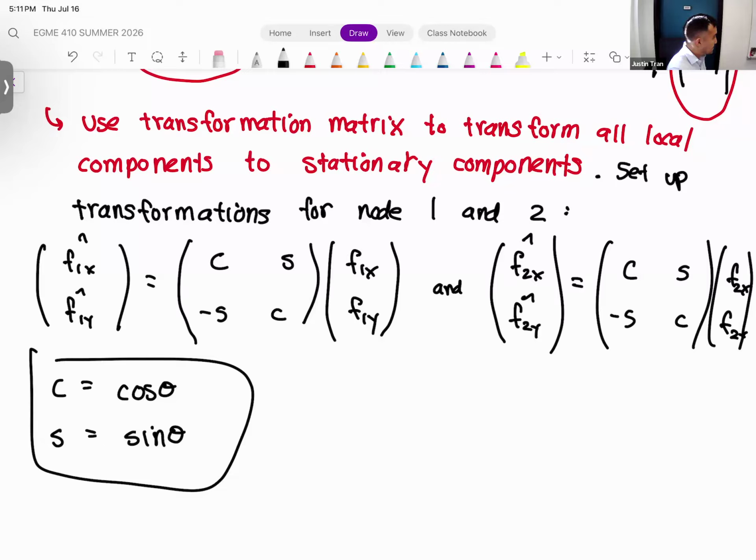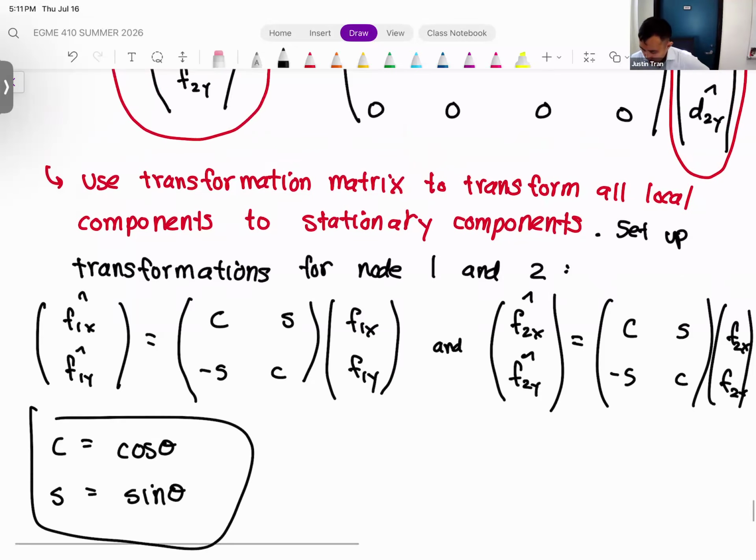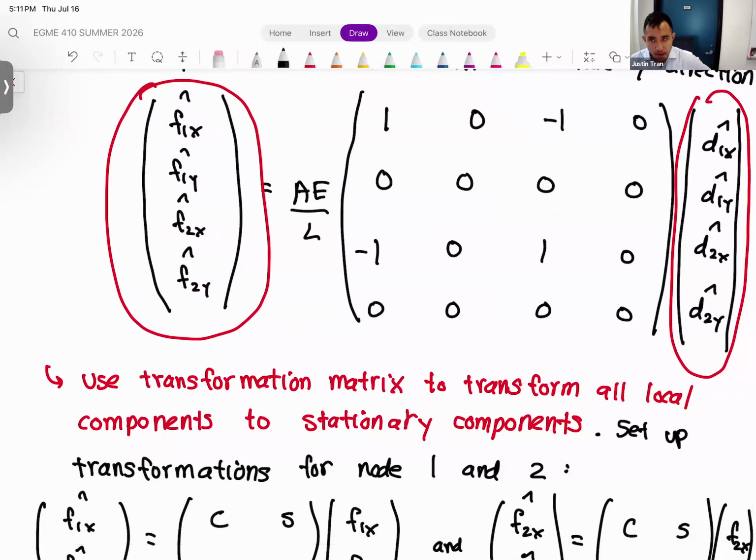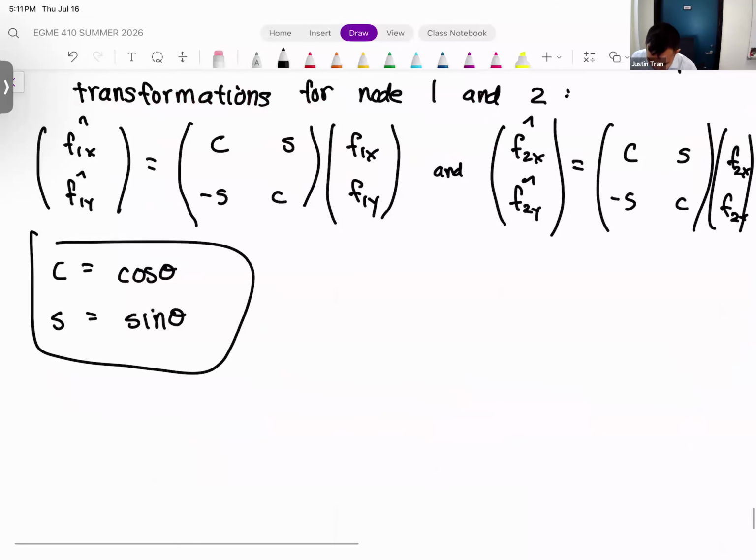Those are the two transformations that we need to do. That makes sense. The only problem is that if you look at our element stiffness matrix right now, we have a combined thing going on here. F1x hat, F1y hat, F2x hat, F2y hat, they're all stacked on top of each other. So let's make a combined transformation matrix that accounts for both of these together.